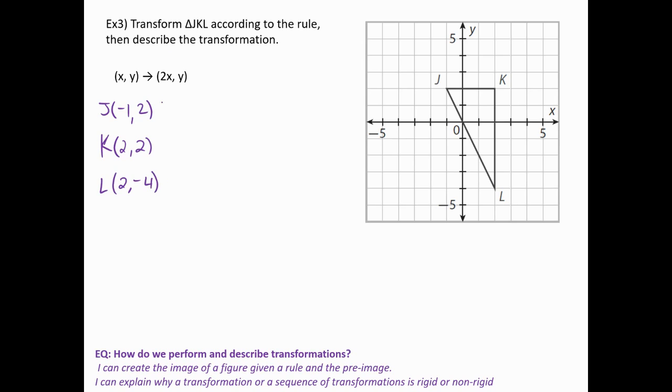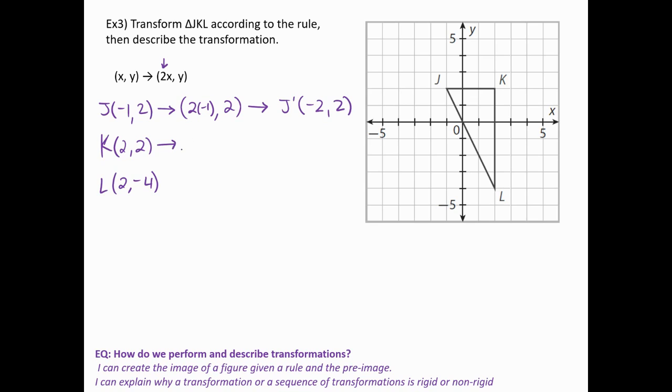All right, so we're going to follow the rule, which this time we have 2 times x. So I'm going to do 2 times x, and then the y value is going to stay the same. And I get J prime at -2, 2.